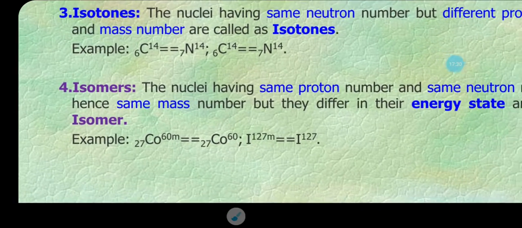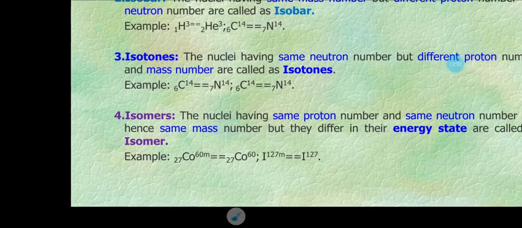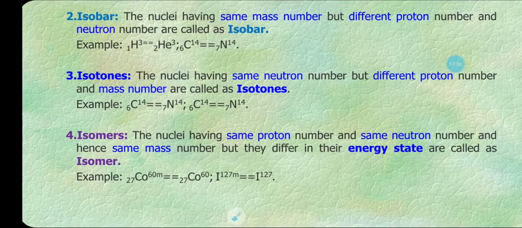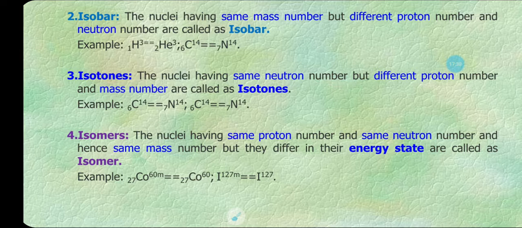Isomers. Iso means same, mer means... The nuclei having the same number of protons, same number of neutrons, that means equal, and hence the same mass number, but they differ in their energy, are called isomers.